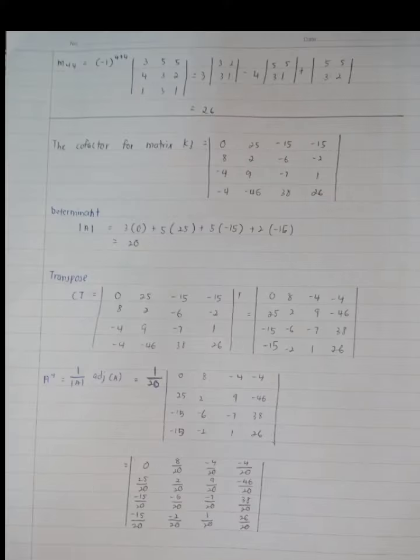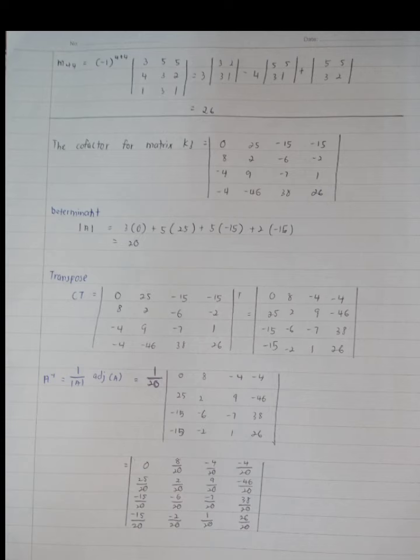Last one is K3. We use the adjoint method to solve this matrix. Firstly, we need to find the cofactor of the matrix. After getting the cofactor, we use it to find the determinant. Then our determinant is 20.